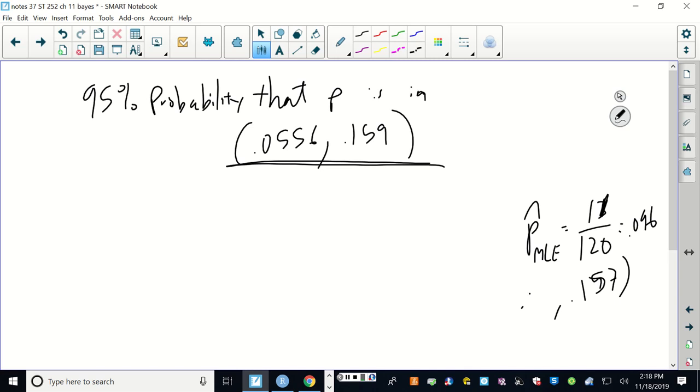So it's a little bit lower, right? This one's a little bit higher because our prior mean was a little bit higher, right? So our prior guess was a little bit higher, so it kind of pulls it up there.